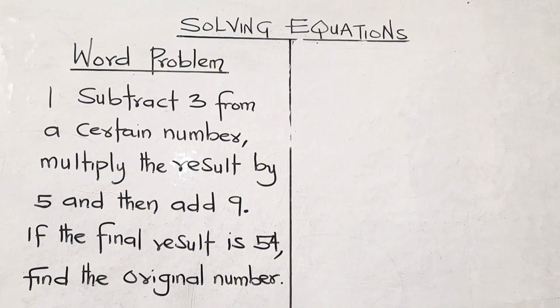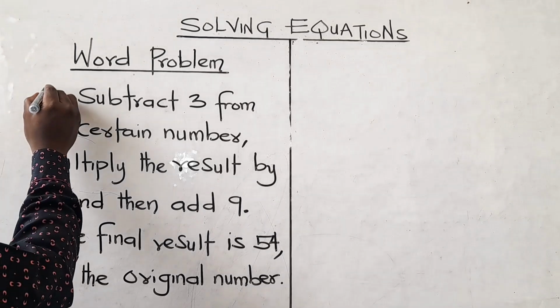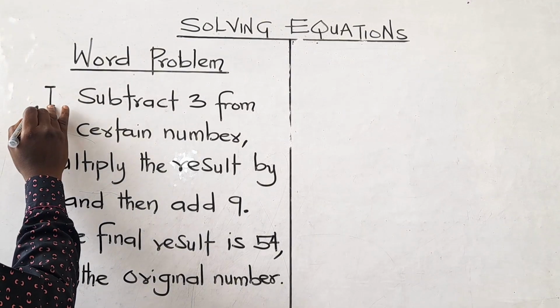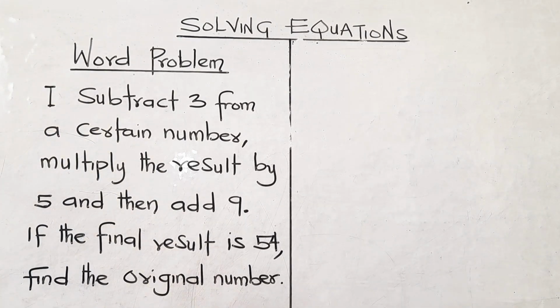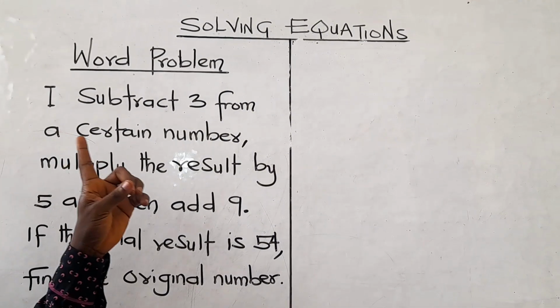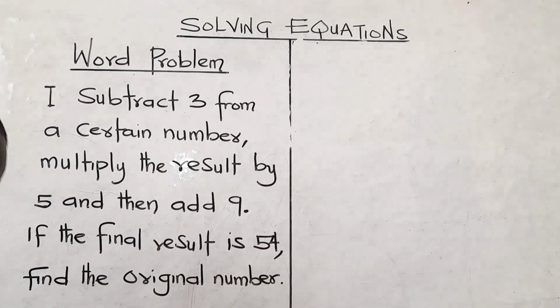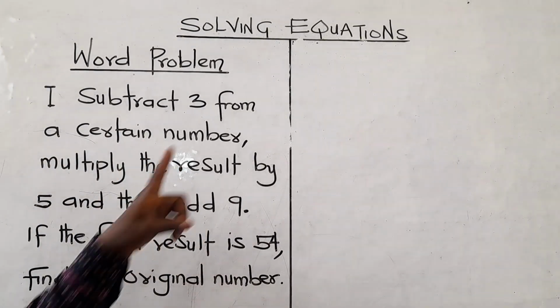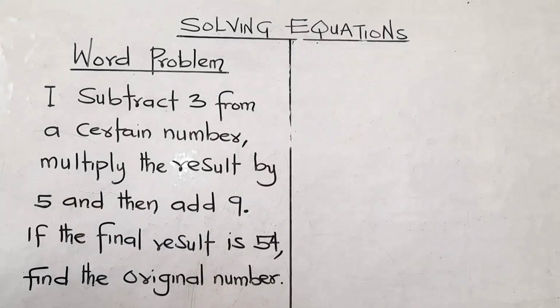Now, let's look at this question. Please, it is more of logical to get the equation you need. I subtract 3 from a certain number. Now, the first thing, we're going to choose a letter for the unknown.